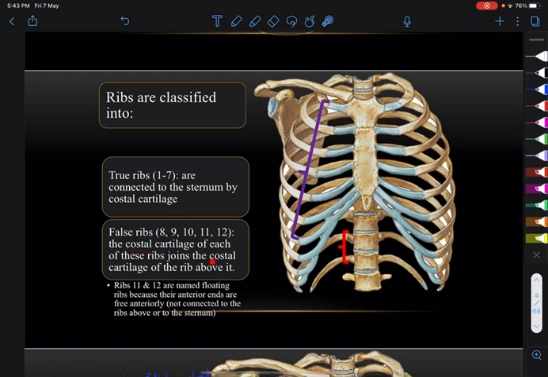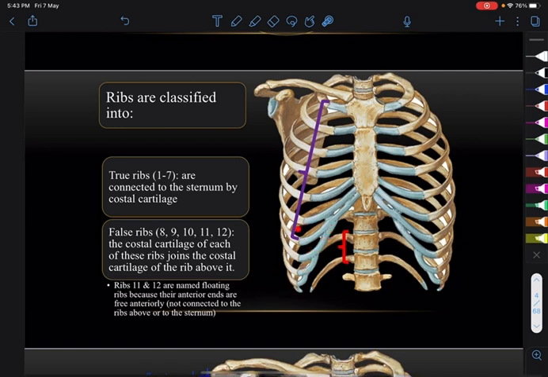The costal cartilage of each of these ribs joins the costal cartilage of the rib above it. هلا هذا الحكي مش صح لل 12 وال 11 عشان هم مش متصلين باللي قبليهم, لكن 8, 9 and 10 الكوستال كارتلج of 8, 9, 10 متصلين بال previous costal cartilage ribs. تمام.